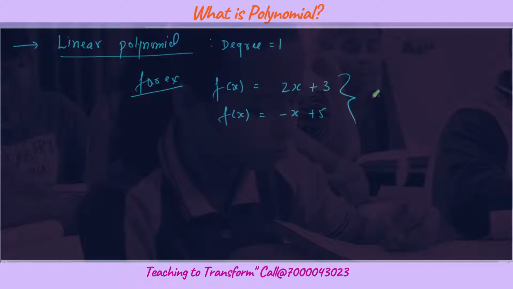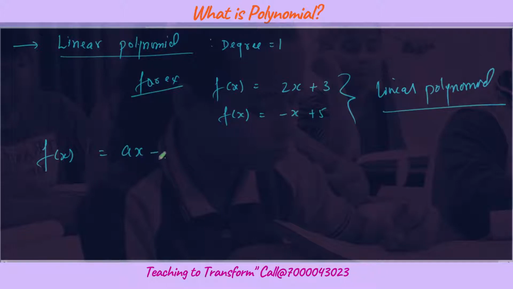These are the linear polynomials, because the order, or degree, of the polynomial is 1. One point you should note: f of x is equal to ax plus b is the standard format to write a linear polynomial, or you can say it is a general degree 1 polynomial, known as a linear polynomial.